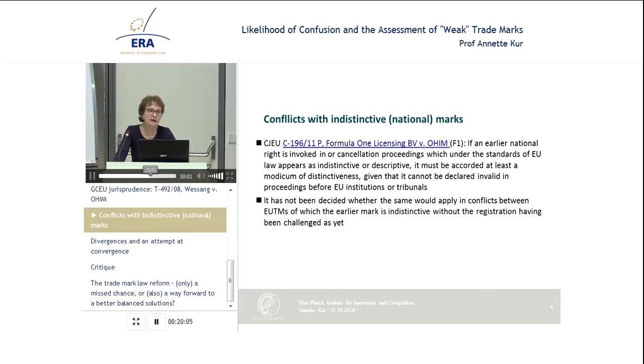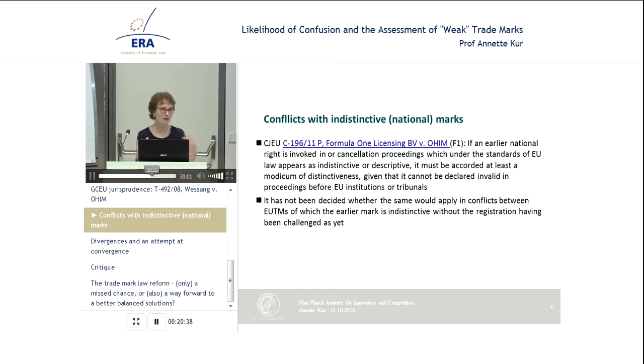In that case, it was found that although the word element Post was contained identically in the application, still there was no likelihood of confusion because in the context of the acronym which was used in addition to Post, the word Post got a completely different character in the perception of consumers.